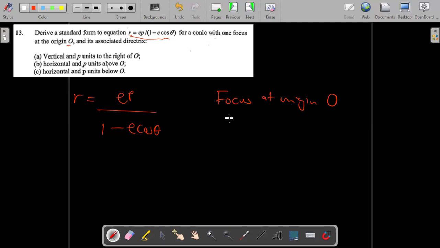Then the directrix. Remember, I'm talking of the general form now. The directrix is at a distance from the origin, and this distance is given by p.